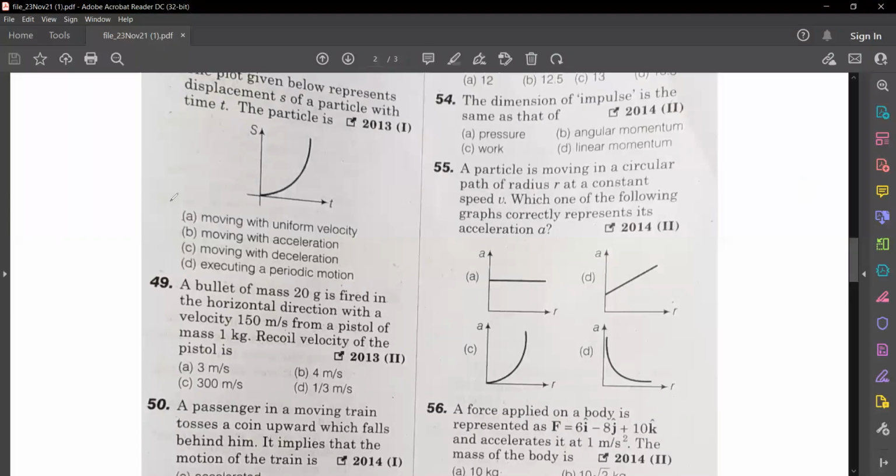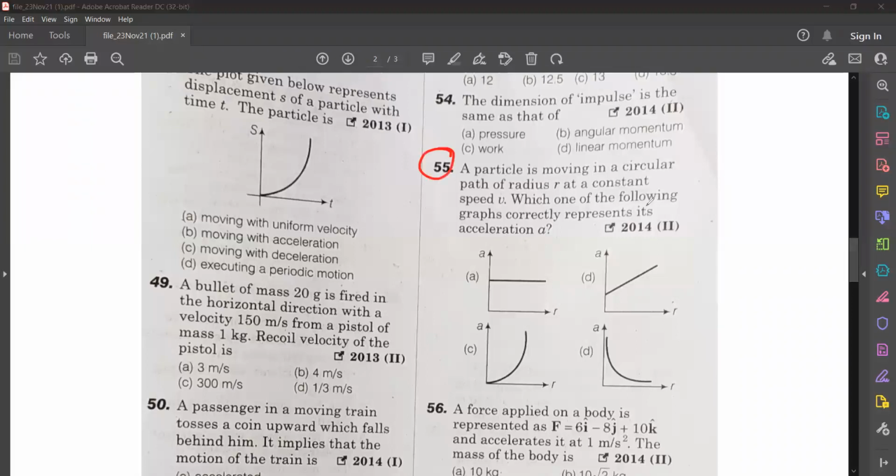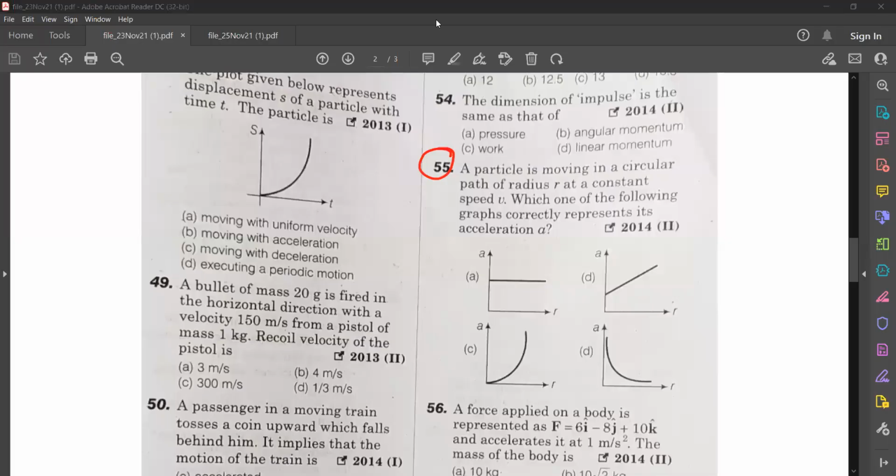Question number 55. A particle is moving in a circular path of radius r at a constant speed v. Which one of the following graphs correctly represents its acceleration?